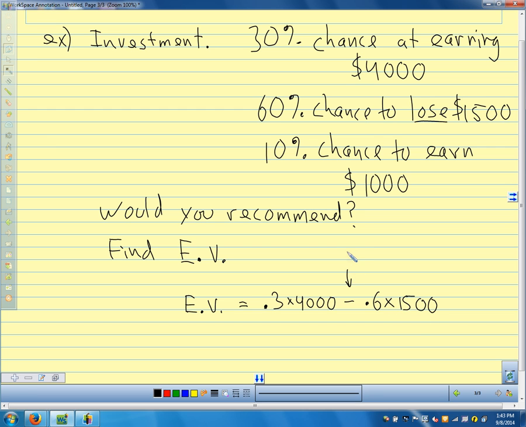This tells us we are going to lose money. So when we have a chance of losing, we subtract. And then we can earn 10% chance, 0.1 times 1,000. When I calculate this out, 0.3 times 4,000, 1,200 minus 900 plus 100.